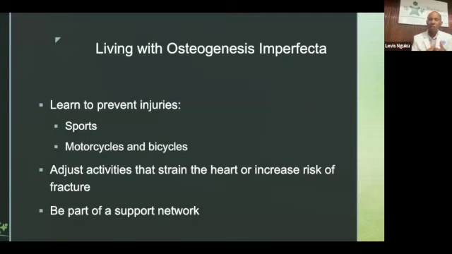It is nice to learn to ride these, but we know that bicycles have higher rates of injuries because you will fall, you will slip. We know that motorcycles, of all forms of transportation, have the highest rates of accidents. And if people who don't have osteogenesis are getting fractures very frequently, how much more somebody with osteogenesis?